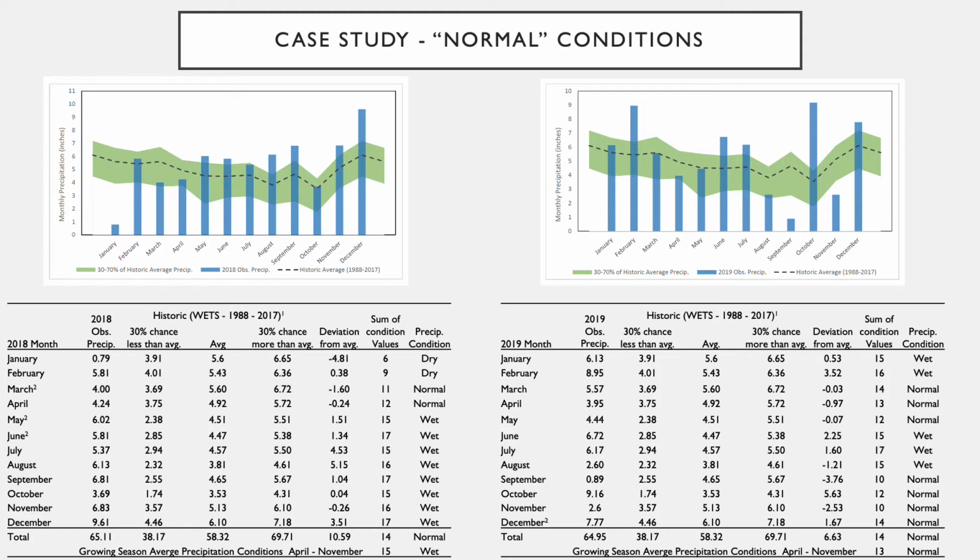There's a variety of ways to look at climate normality that we're not going to get into here, but this is just to give you some real world data and an example of how the V-hydro score is calculated. So our case study centers around monitoring years 2018 and 2019.